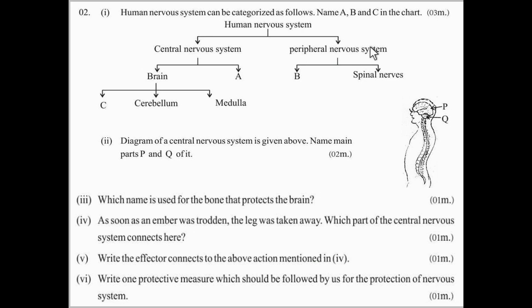Then peripheral nervous system. There are two main parts of the peripheral nervous system, which are spinal nerves and the other one, the nerves that come from the brain.